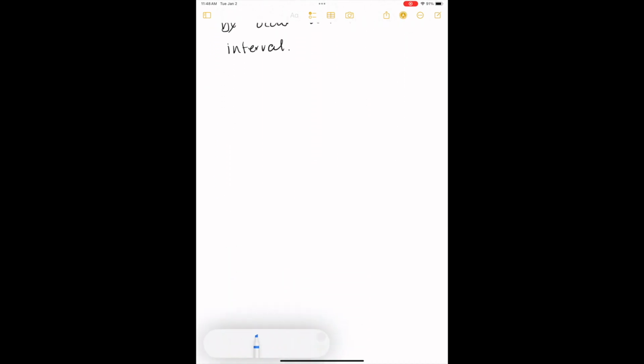Now we have discontinuous measurement. Sorry, again, terrible speller. Discontinuous measurement.